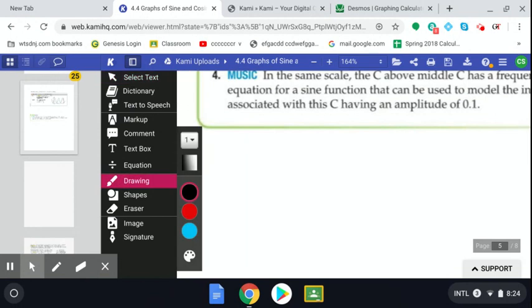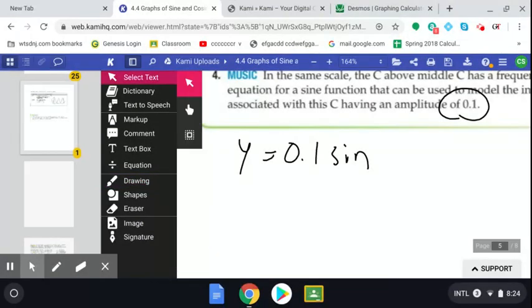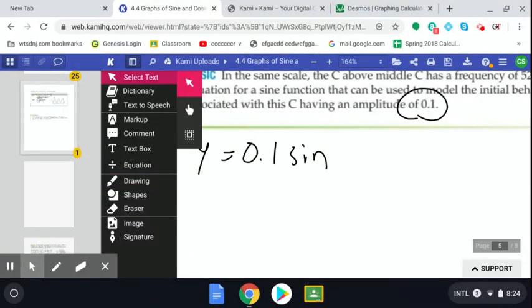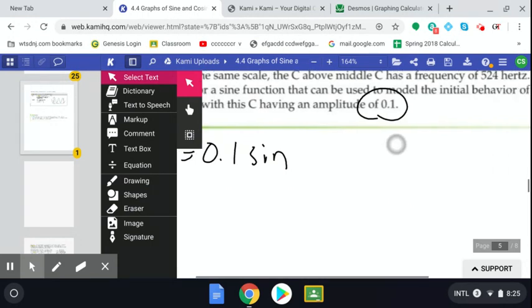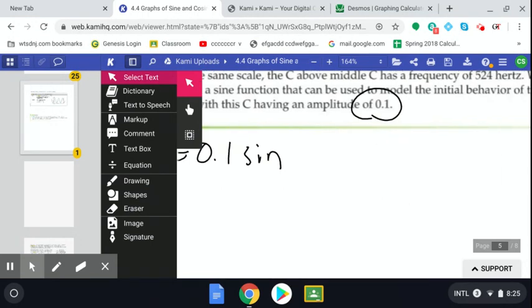So I know it's going to be y equals, and the amplitude is 0.1, so 0.1 sine, and now I need to know what b is. I know that the period is 2 pi over b, and the frequency is absolute value of b over 2 pi.